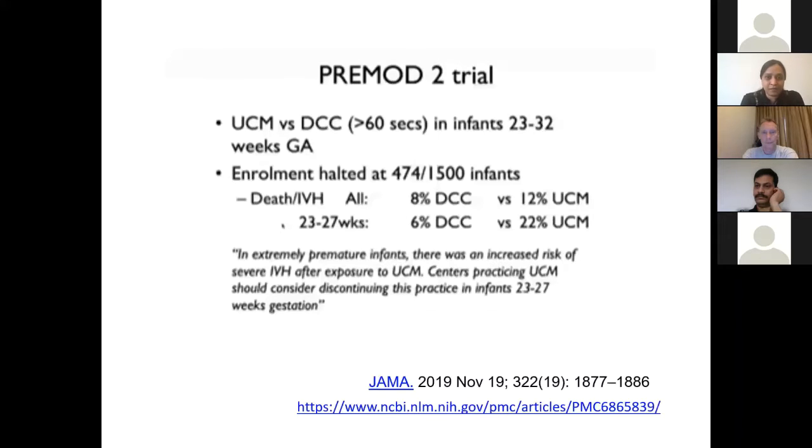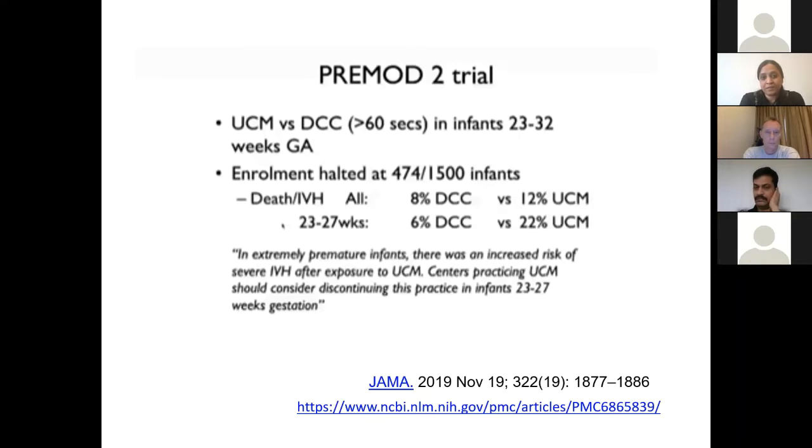And the reason for this is when they looked at evidence and compared cord milking versus delayed cord clamping, this was the PREMOD study, where the study was actually halted before they were a third of the way in, because for babies 23 to 27 weeks, there was a significant increase in severe intraventricular hemorrhages in the cord milking group.